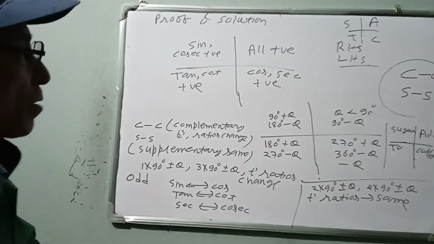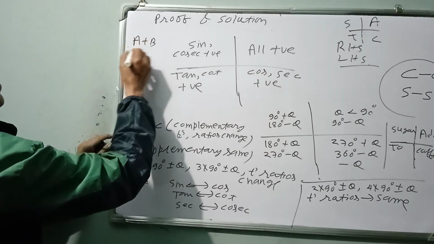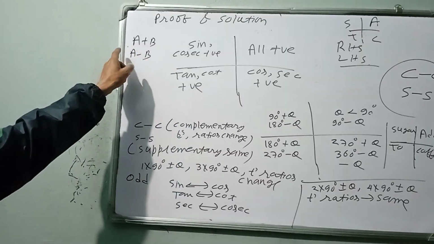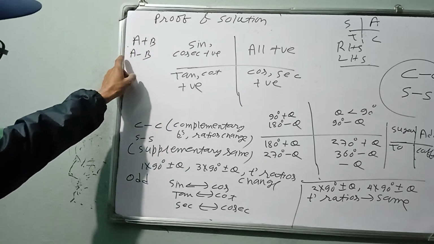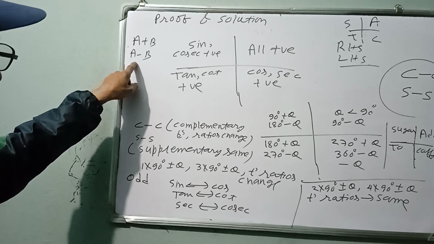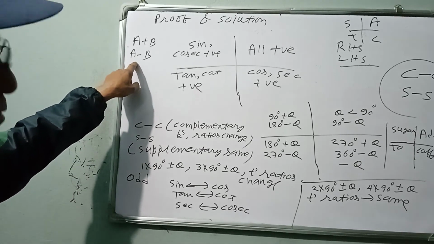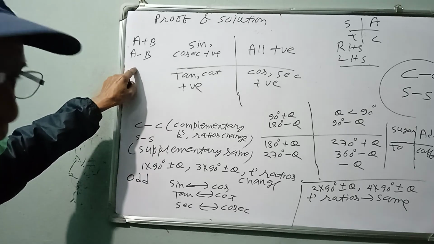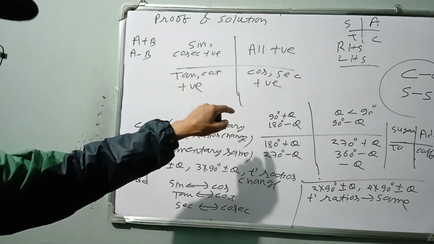Please learn other formulae like a plus b, a minus b, like sin a plus b, sin a cos b plus cos a sin b. Tan a plus b, tan a plus tan b by 1 minus tan a tan b. In the same way, cot a plus b, cot a cot b minus 1 by cot b plus cot a. Formulas like sin a minus b, sin a cos b minus cos a sin b, cos a minus b, cos a cos b plus sin a sin b, tan a minus b, tan a minus tan b by 1 plus tan a tan b.